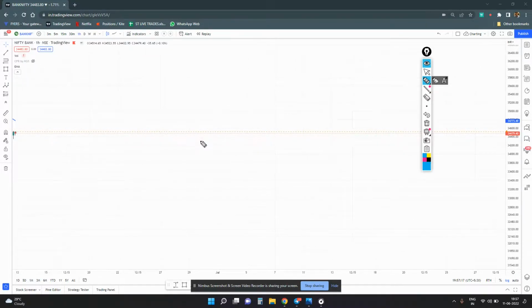Suppose the price is moving in this direction, then the moving average will go something like this. Price will keep on taking support or resistance, or it will move either way between moving averages, something like this.